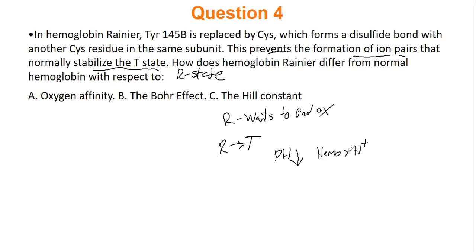When it binds that hydrogen, it will go to the T state and it will release that oxygen. Well, if I have a mutation that does not allow me to go to the T state, then pH won't matter. I won't go to the T state. So the Bohr effect is going to be less.